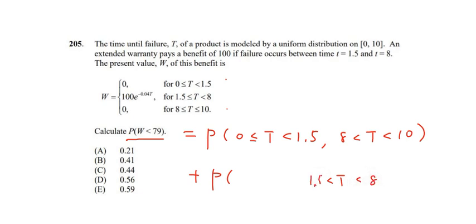So W becomes 100 times this, less than 79.